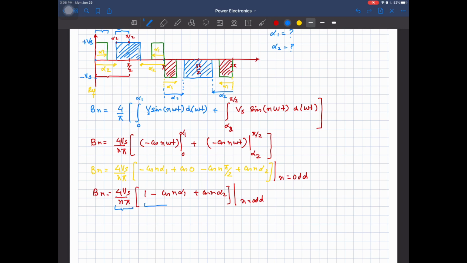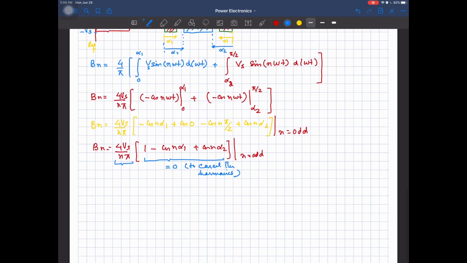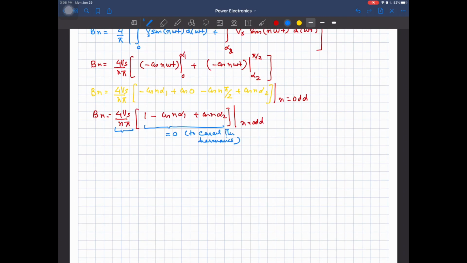So only this part can be equated to 0 to cancel out a certain set of harmonics. So for the third harmonic, we can write that 1 minus cos of 3 alpha 1 plus cos of 3 alpha 2 should be equal to 0, considering n is equal to 3.